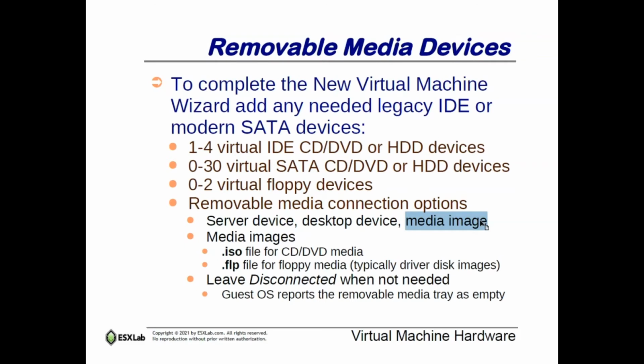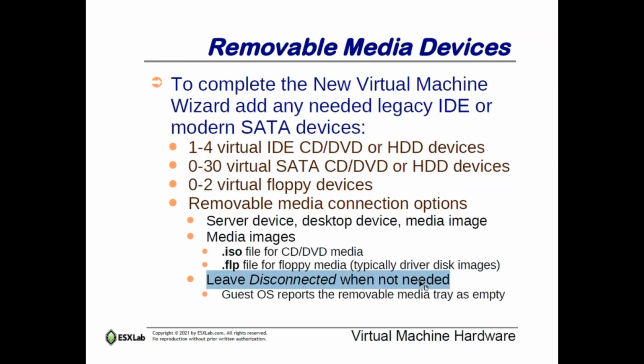A media image is a file made up of essentially all the data on a CD-DVD or floppy physical media. A CD-DVD file is called an ISO file, and a floppy media image is called a .flp file. And again, the most likely use case for this is drivers for devices.